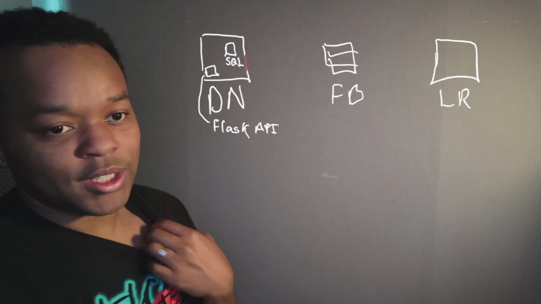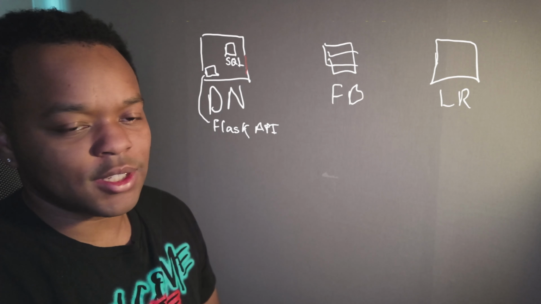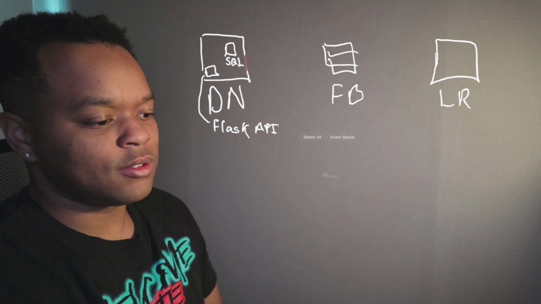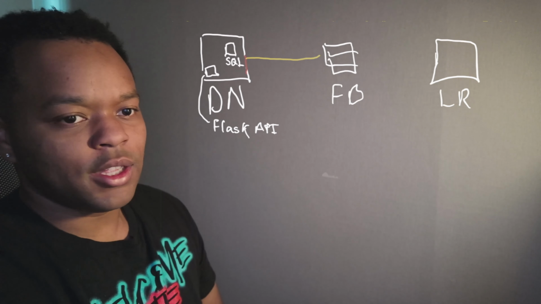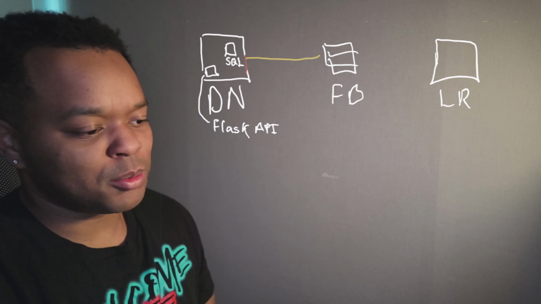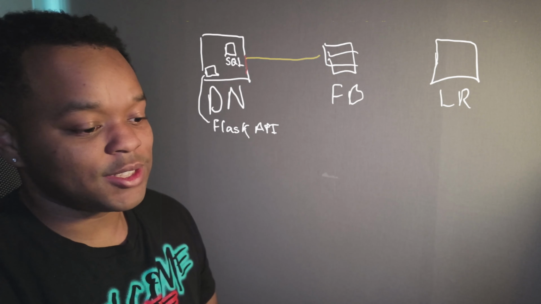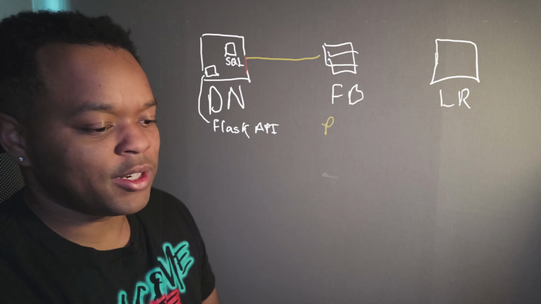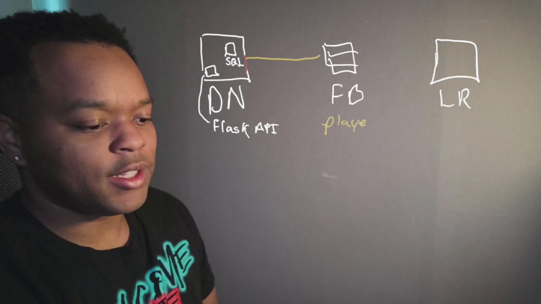So we have the data normalizer, the Firebase, and then we have the linear regression model. So the way that these two communicate is through the Firebase. Once the data normalizer is done normalizing all the data, it's going to send a flag to the Firebase. And it's going to look like this. It's going to have player ID.